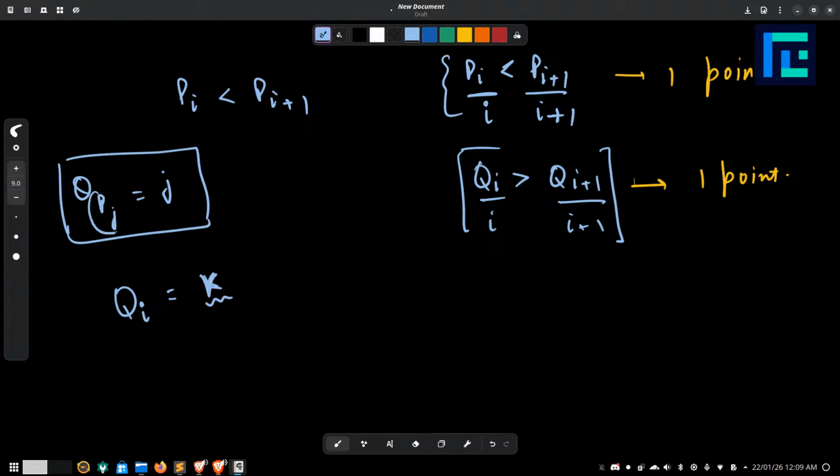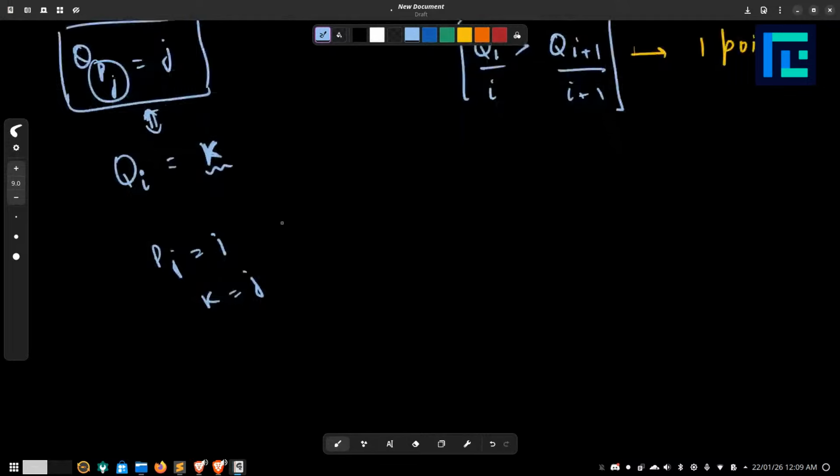Basically p of j will be equal to i, and k is equal to j. So if we compare these two, using them we can say that p of k is equal to i.